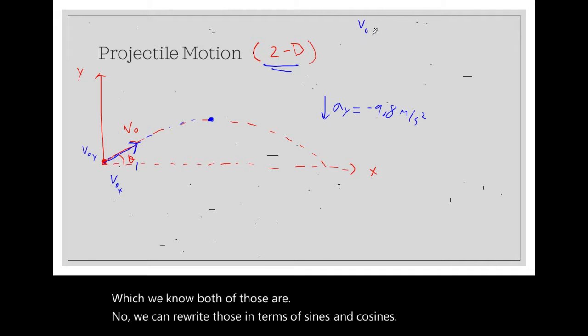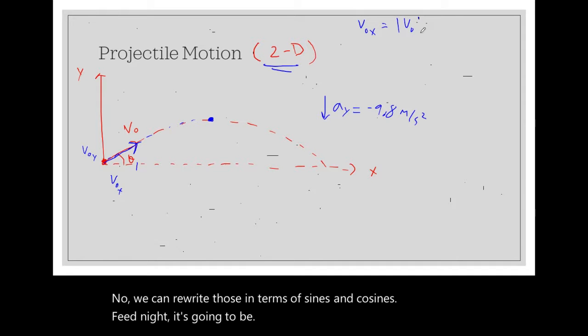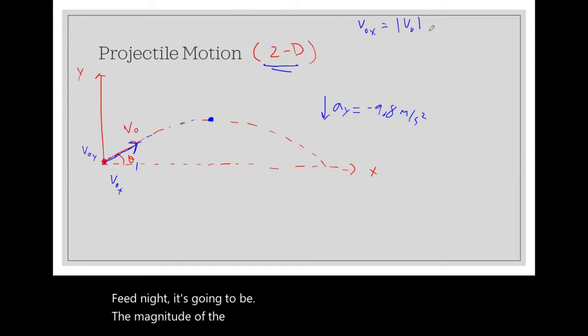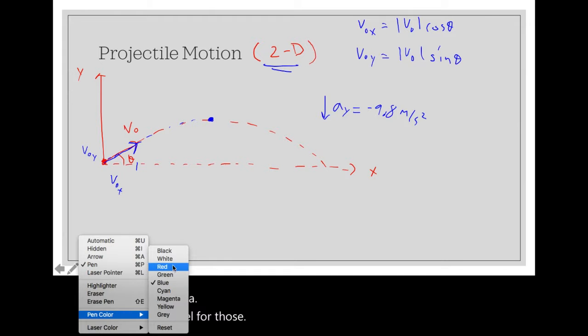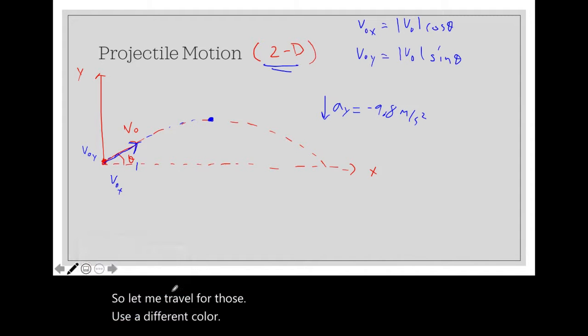So v naught x is going to be the magnitude of the initial velocity times cosine theta, and v naught y is going to be the magnitude times sine theta. Let me draw both of those in a different color.